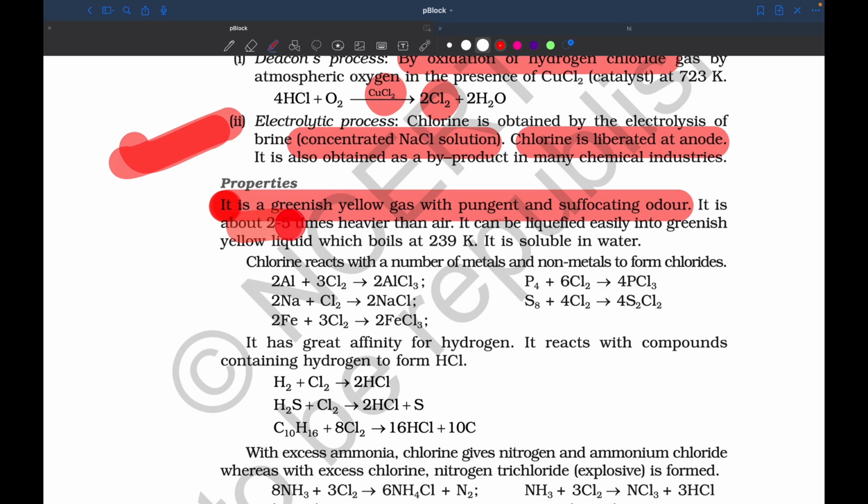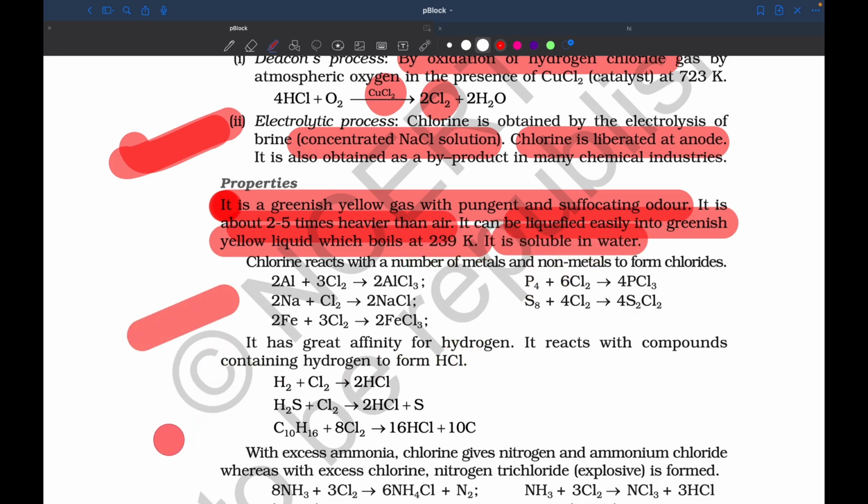It is about 2.5 times heavier than air. It can be liquefied easily into a greenish yellow liquid which boils at 239 K. It is soluble in water. It reacts with metals, non-metals and some compounds easily.